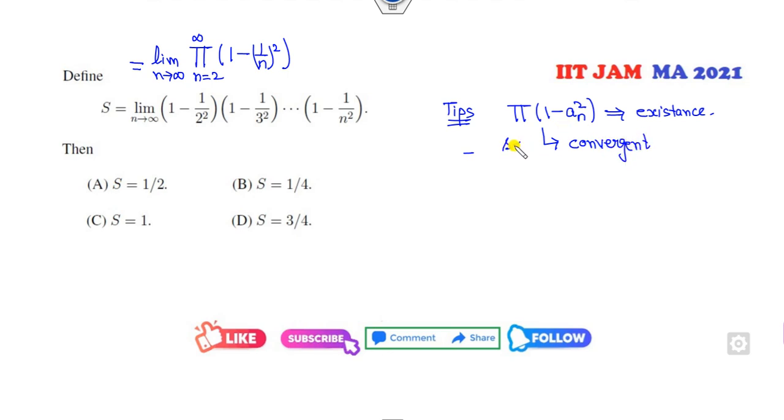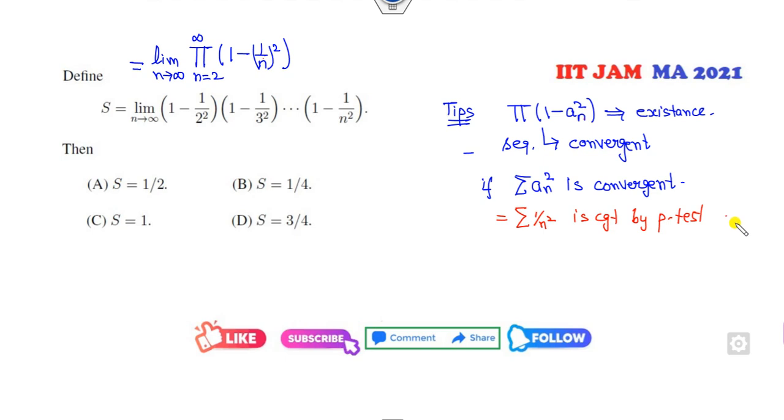This sequence is convergent if you prove that this series is convergent. Firstly I will check whether this condition holds or not. So what is that? a_n square. If you compare them, it is 1 over n square, which is convergent by the p test.